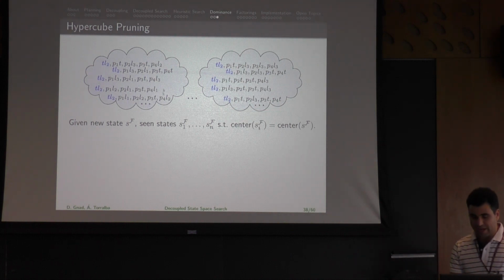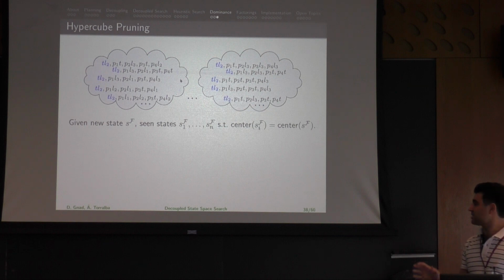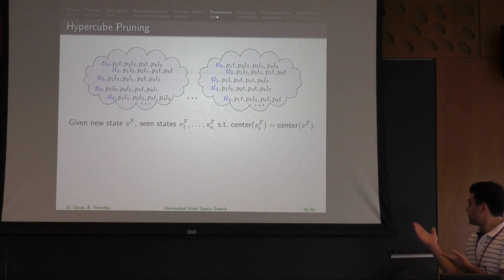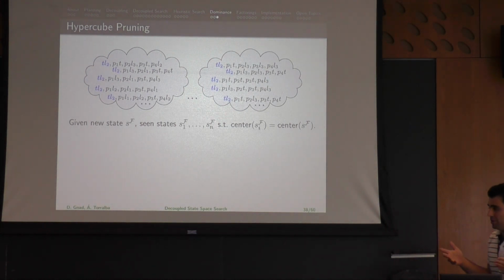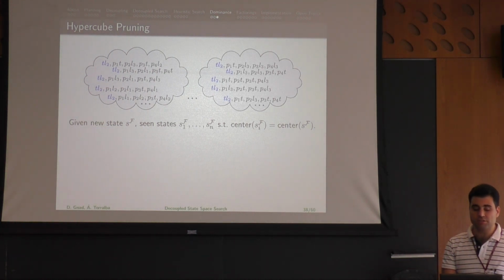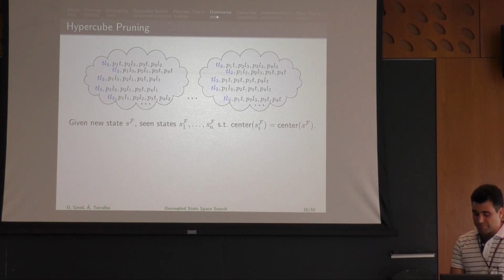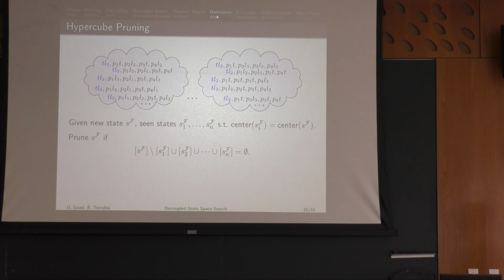If I have a bunch of decoupled states that I have seen earlier, of course with the same center, because for the center being just an assignment to the variables, you can do duplicate checking as in a standard search. Given all those hypercubes, the question is whether I can prune the new state.